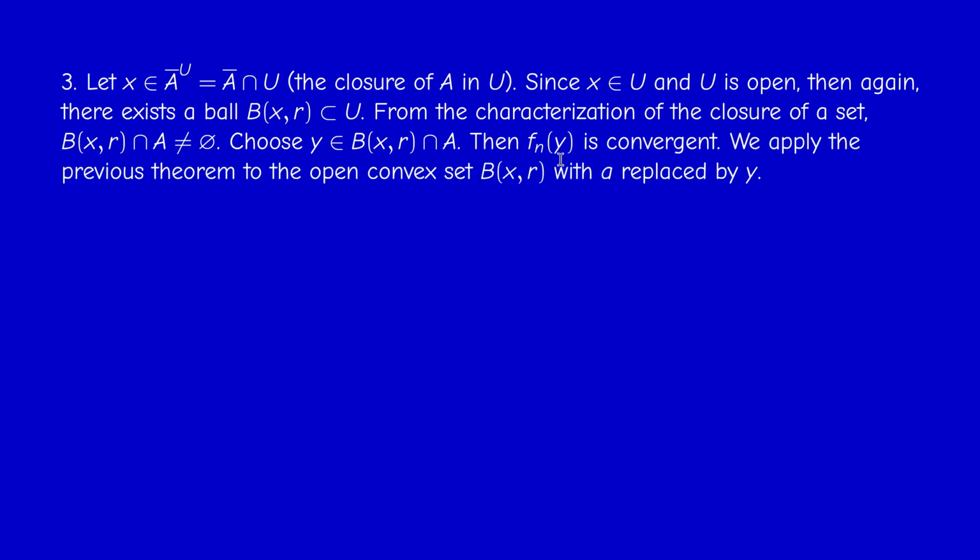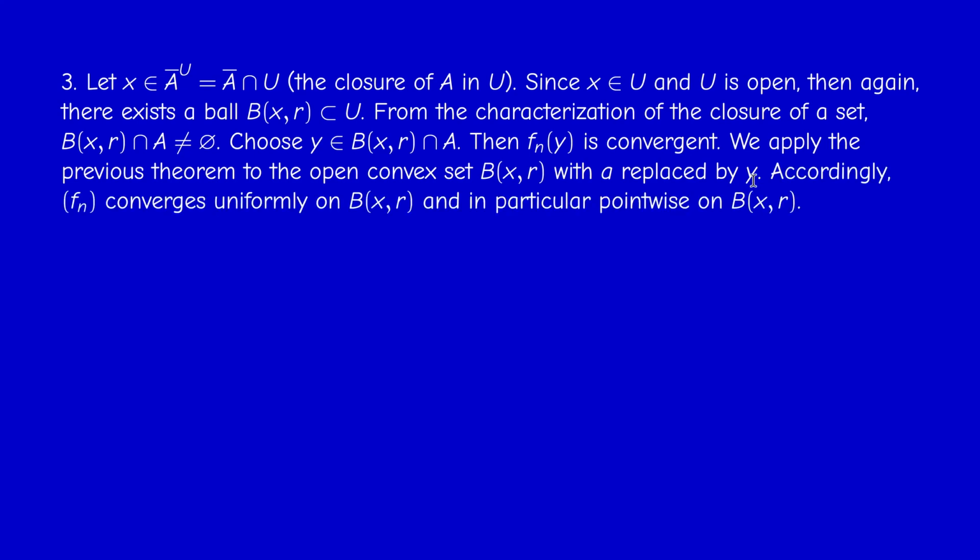So once again, we apply the previous theorem to the open convex set B(X,R) with A replaced by Y this time. So Fn converges pointwise, and converges uniformly on the bounded sets, but the whole space here is bounded. So convergence is actually uniform.